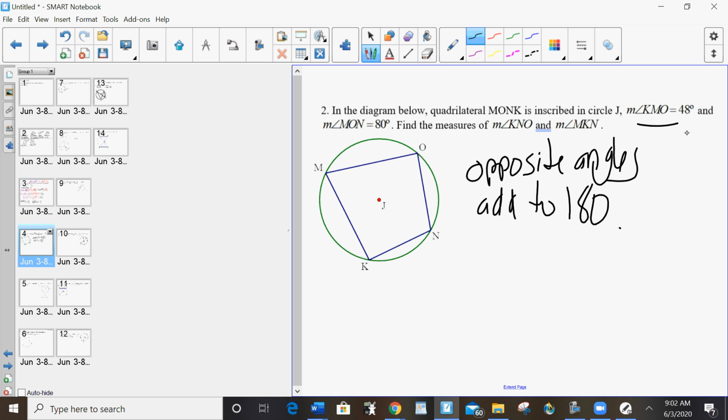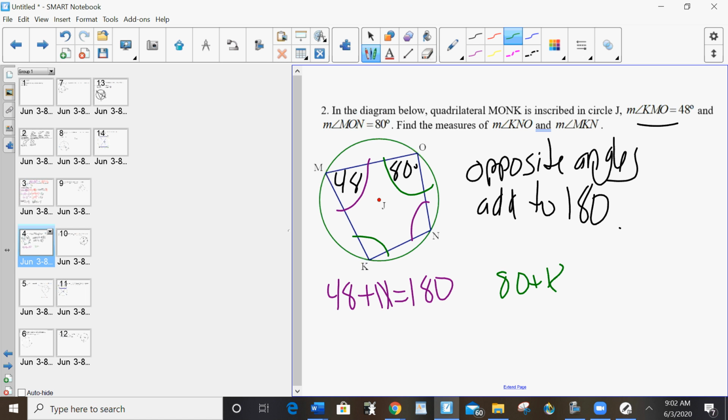So KMO is 48, MON is 80. Well, the opposite angles add to 180. So 48 plus N equals 180. And these opposite angles, 80 plus K equals 180.